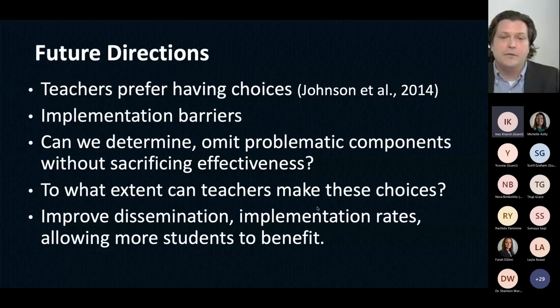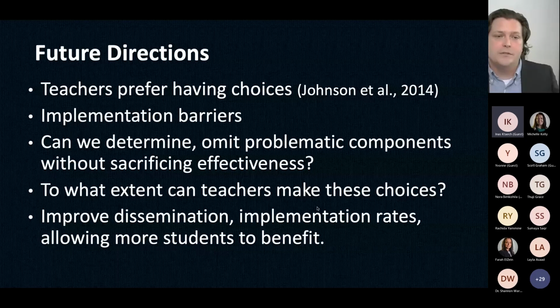They'll implement it at a higher quality and with greater fidelity, and they'll report greater satisfaction with the intervention. So if we can present interventions like the good behavior game with potential workarounds for implementation barriers, it will probably result in greater satisfaction and increased likelihood that teachers will do this intervention in their classrooms.